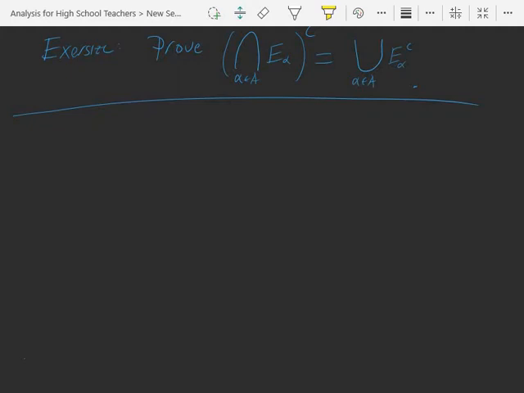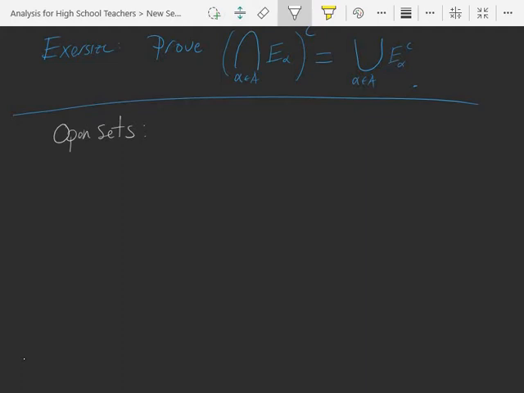Okay. So let's talk about open sets. A set is going to be open if for every point inside that set, there's a little circle we can draw around it, right?